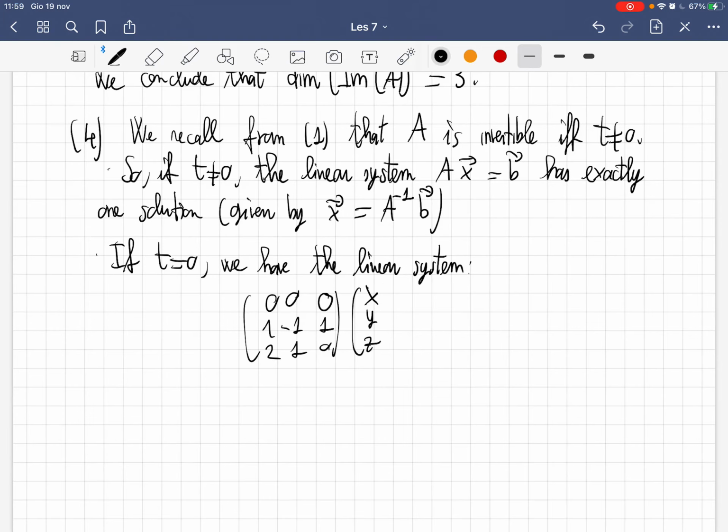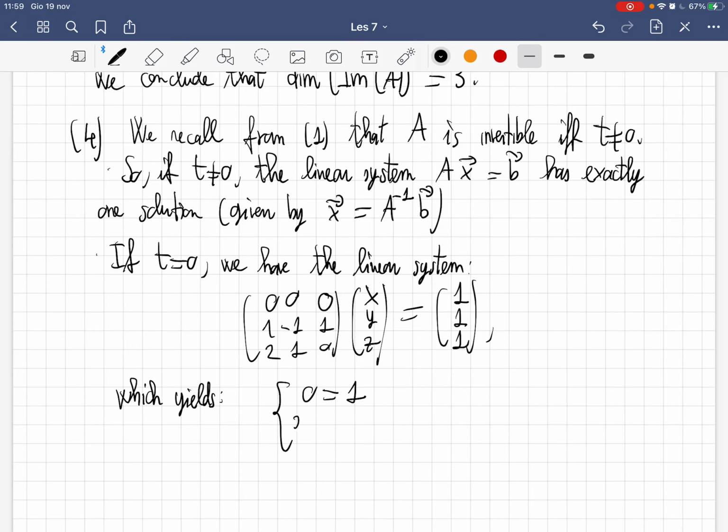X, Y, 1, 1, 1, which yields, I'm writing everything, but you can also conclude. You could also conclude here if you wanted it. X.